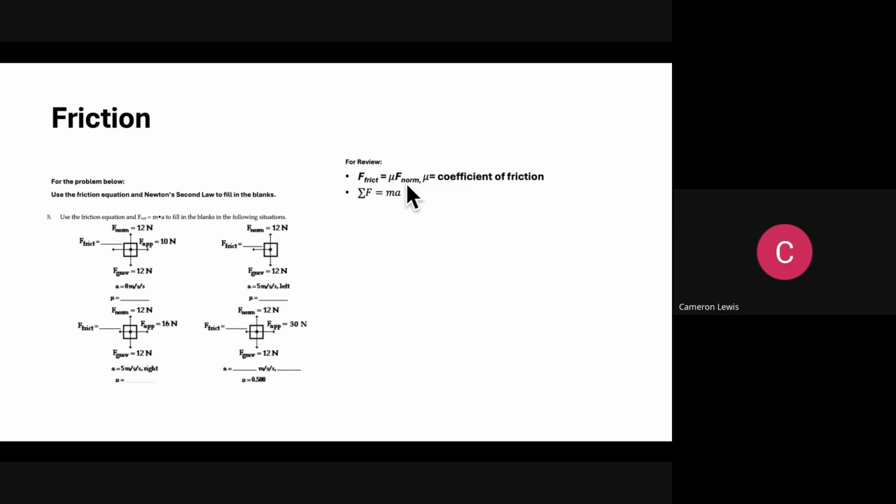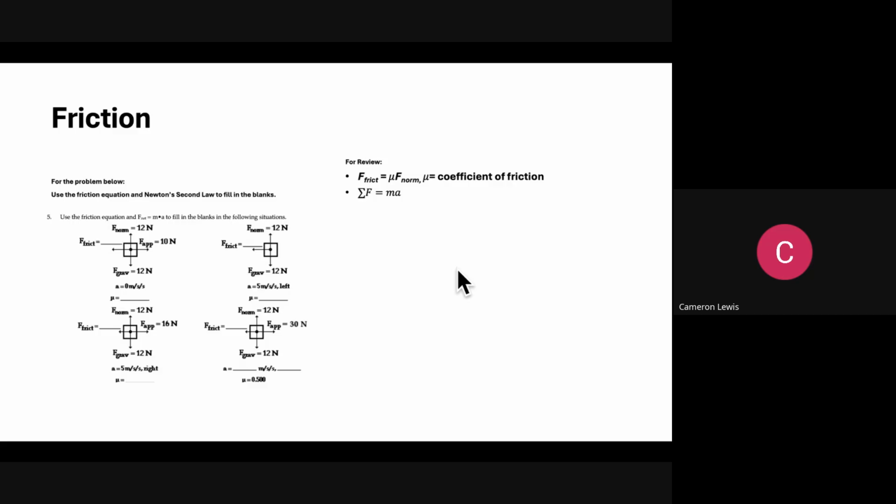Can I get that next group? Bottom left. We weren't finished working through it, but we got the 6.1. We got 6 for net force, and we were about to find the frictional force. How did you get 6 for the net force?